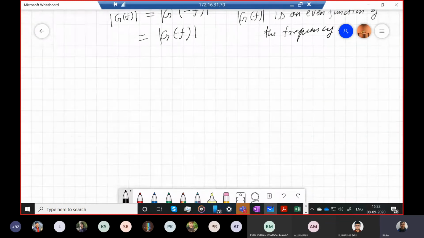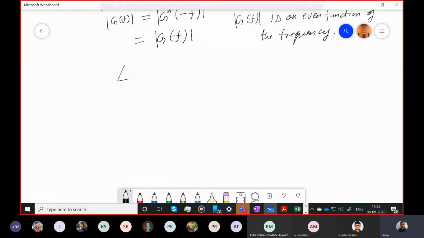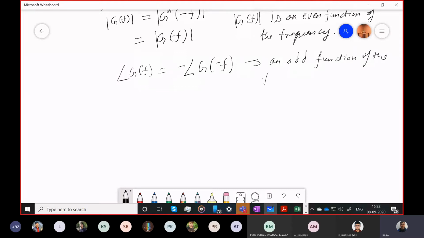Similarly, you can argue that the angle of G(f) equals minus the angle of G(minus f), which is an odd function of the frequency. Fine.